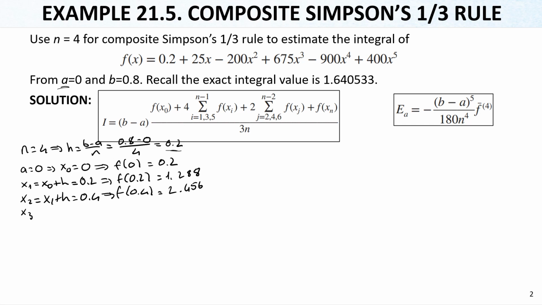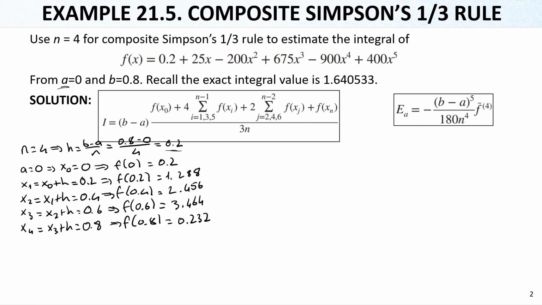And x3 is x2 plus h, 0.6, and f(0.6) is 3.464, and x4 is x3 plus h, equivalent to 0.8. Then f(0.8) is equivalent to 0.232.